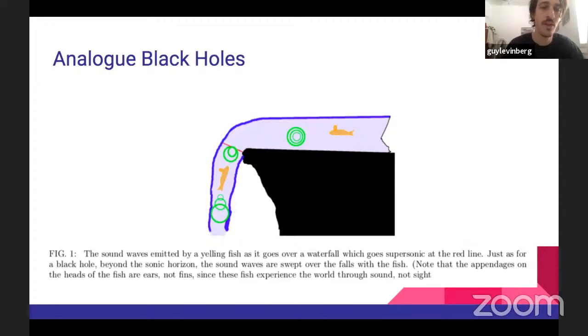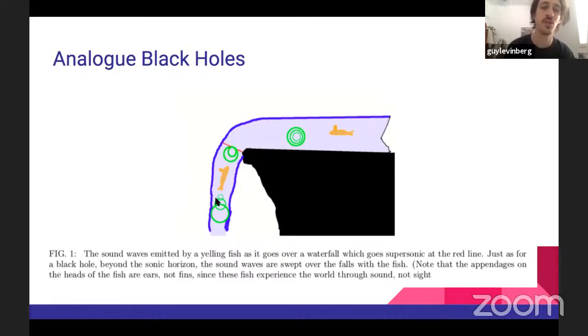I'm going to show the very, very basic idea of how an analog black hole works. This is actually from one of Unruh's papers. It's a very ridiculous sketch, but you can understand it quite well from this. You have a fish swimming here, and a sound wave can propagate freely in this space, but in the waterfall, the sound wave cannot possibly reach the other side.